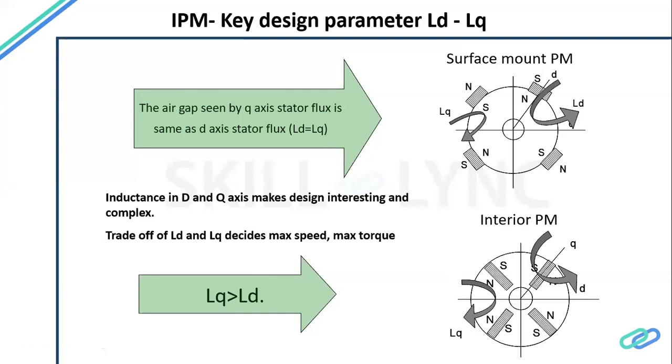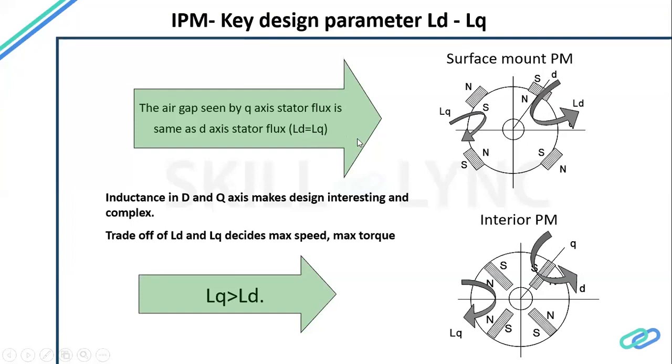So the flux paths are like this. Whereas in the surface mount permanent magnet machine, they are pretty close. LD, the inductance of D, and LQ, the inductance of Q, are almost the same, because permanent magnet permeability is close to air. So it sees almost LD equal to LQ.